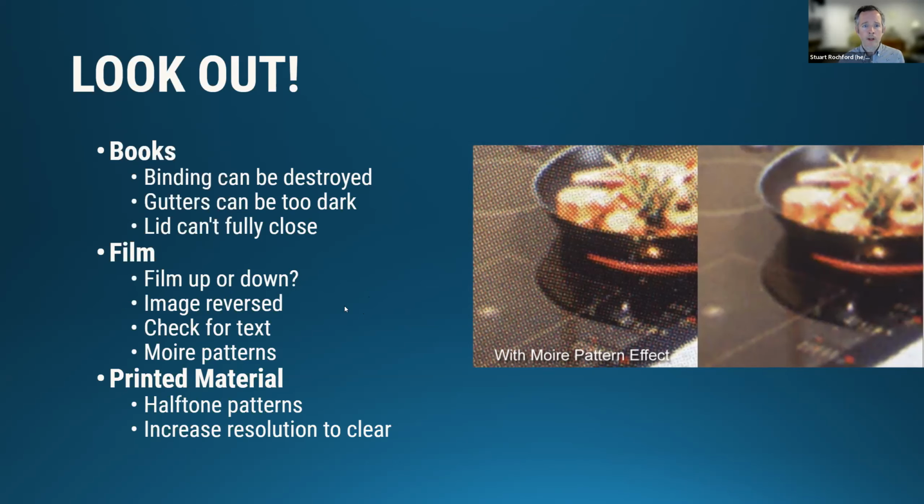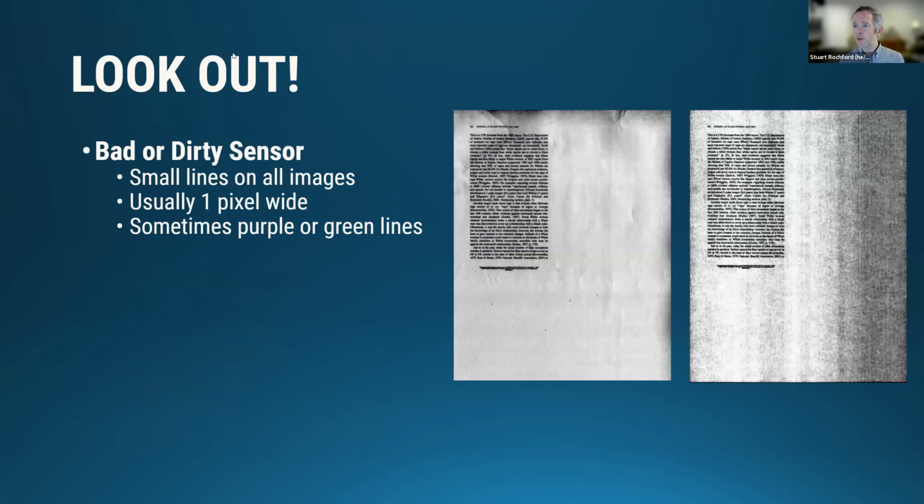All right. So another thing to look out for, those two images on the side there, those are two different images from our equipment in our studio. One of them had a bad sensor and the other one did not. The one on the right, I don't know if you all can see it with this resolution here, but there is definitely some unwanted artifacts happening in this image.